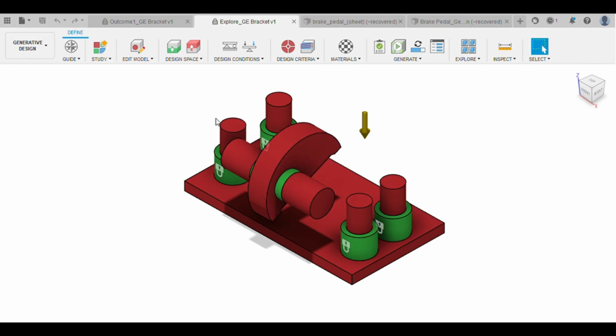So as you could see, this is a study feature. In the study feature, generative study நம்ம carry on பண்ணலாம், இங்க new generative study carry on பண்ணிக்கலாம். And the edit model feature helps in editing the traditional model for certain considerations. And this is the design space. In the design space there are two kinds of geometry, that is the preserve geometry and the obstacle geometry.